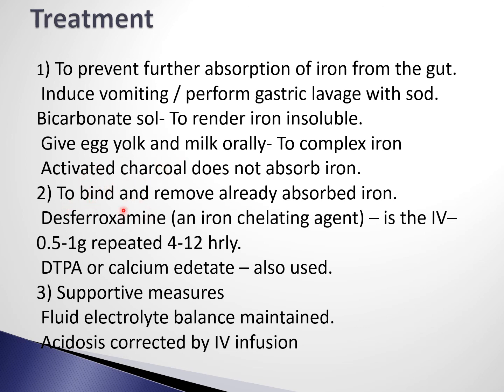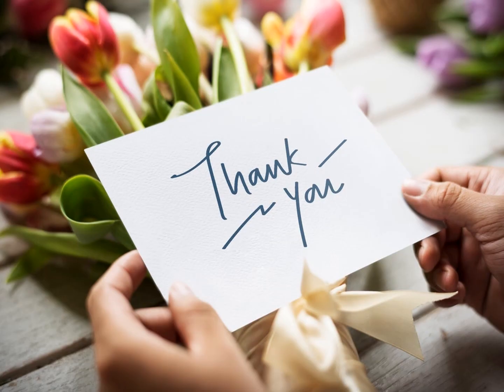Second is to remove whatever iron is already absorbed, and the antidote for that is desferrioxamine, which is a chelating agent. It is given intravenously. Calcium hydrate can also be used. There are supportive measures like fluid electrolyte balance to be maintained, and acidosis can be corrected by IV infusion.